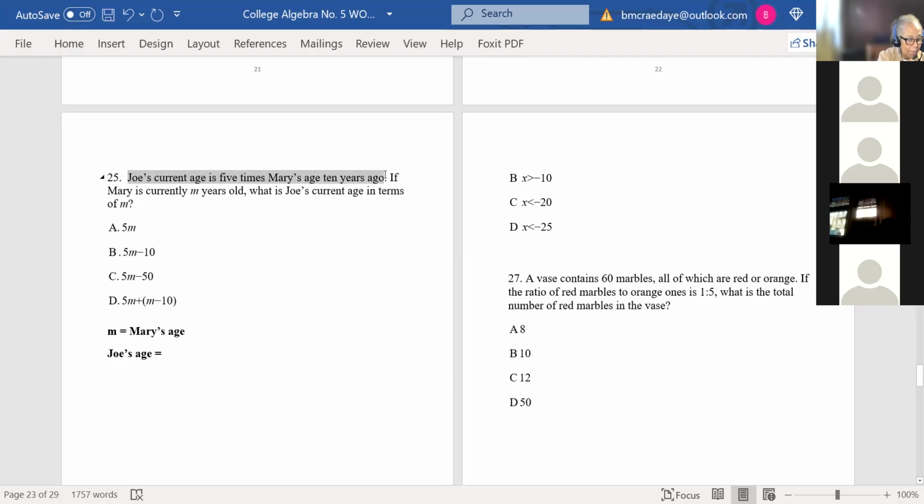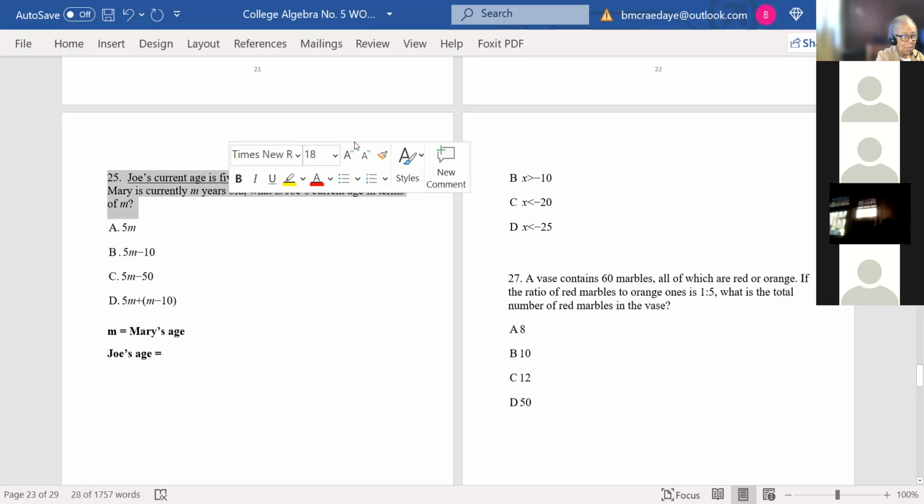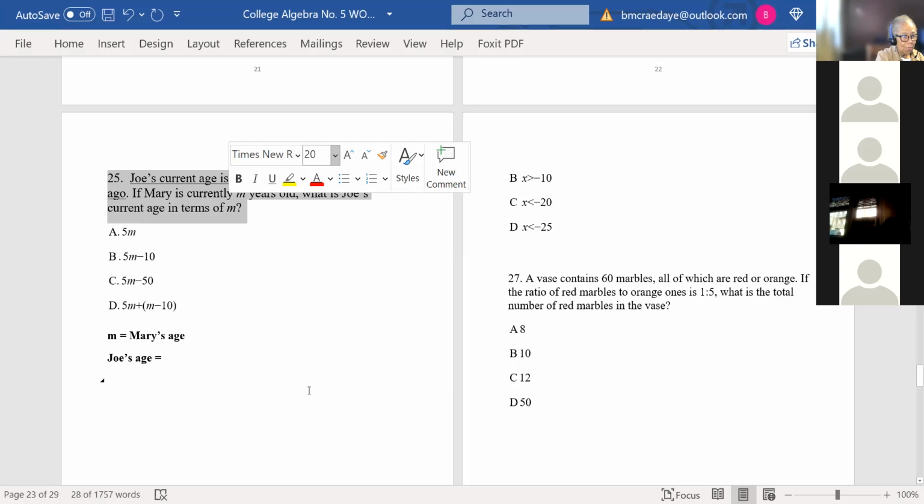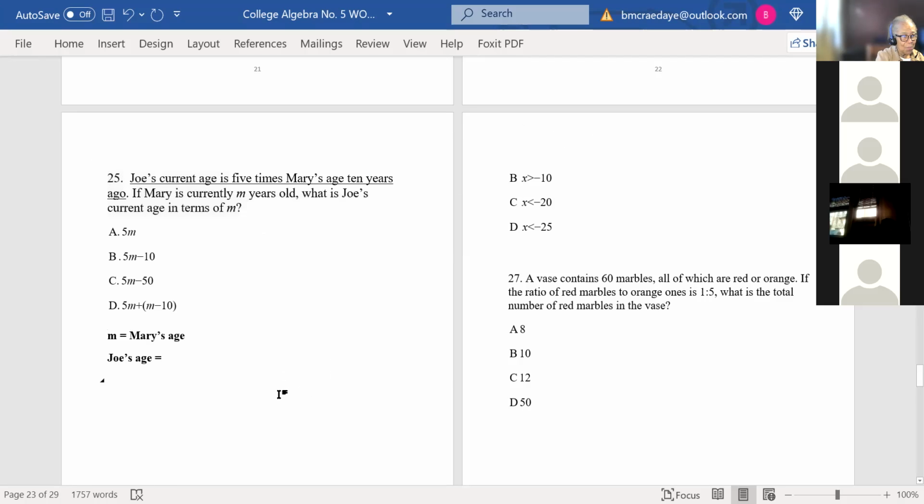Right, 5M. This is what I want you to translate to the math. What would that be, Audrey, Latoya? 5m. And 5m is 5 times Mary's age 10 years ago.